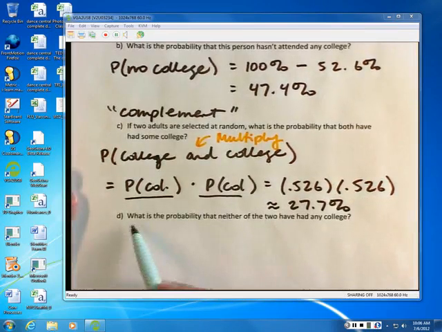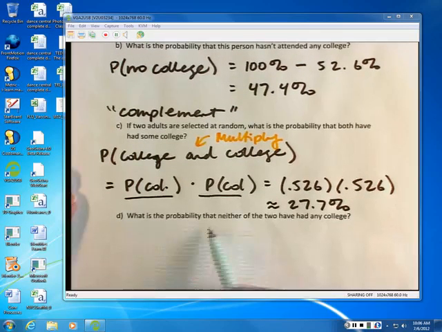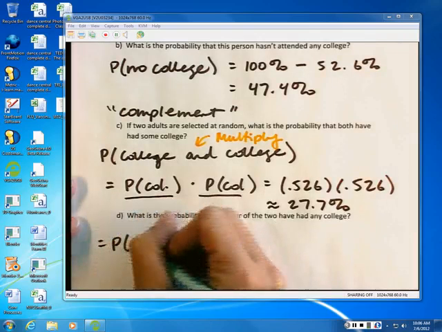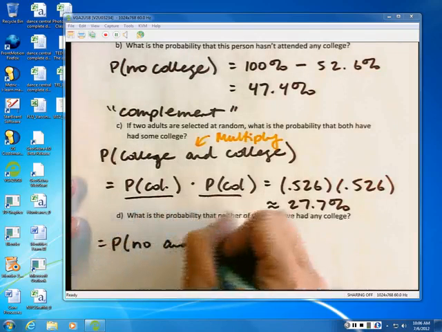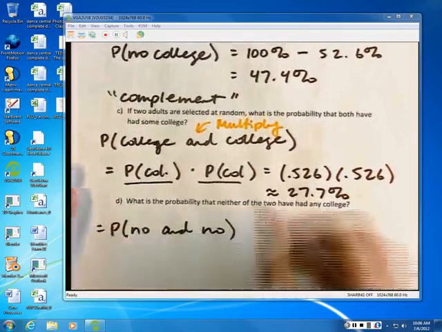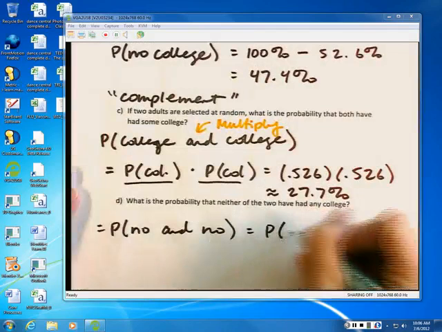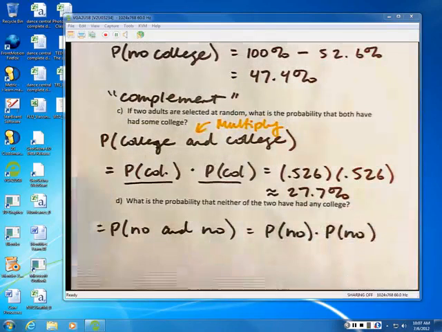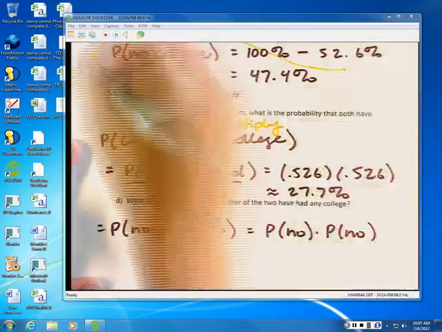The next one, the last one, what's the probability that neither have had any college? So now I want probability of no college and no college. I'm going to multiply those together. So this is the probability of no college times the probability of no college. Well, we already did the probability of no college. That's this number up here.